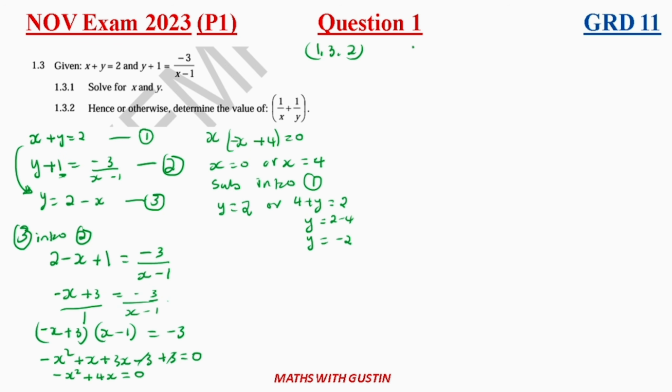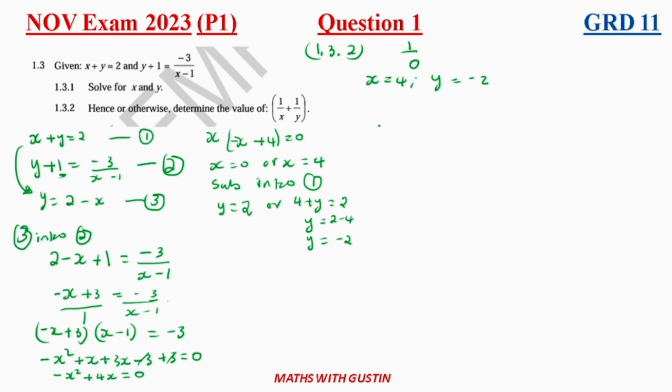What you can do, guys, if you say 1 divided by 0, you can't divide by 0. So definitely it means we cannot use the values where x is equal to 0 or y is equal to 0. So therefore we must use our values where x is equal to 4 and y is equal to negative 2.